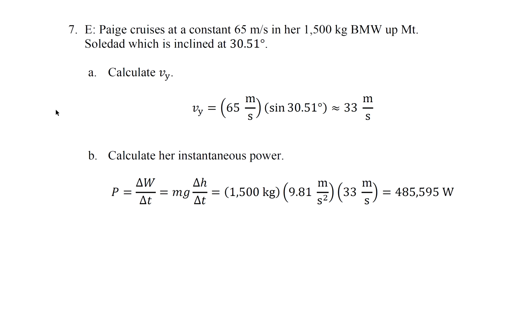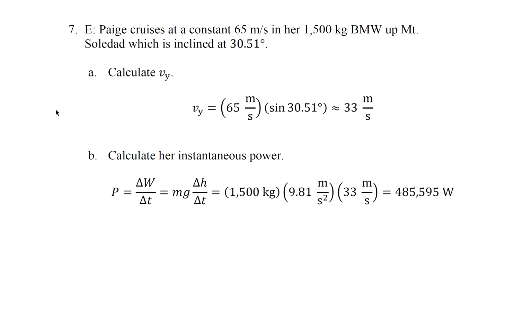Question 7. Paige cruises at a constant 65 meters per second in her 1500 kilogram BMW up Mount Soledad, which is inclined at 30.51 degrees. Part A. Calculate V sub y. So you can draw a triangle and you know that the hypotenuse is 65. And V sub y is 65 sine of 30.51 degrees.